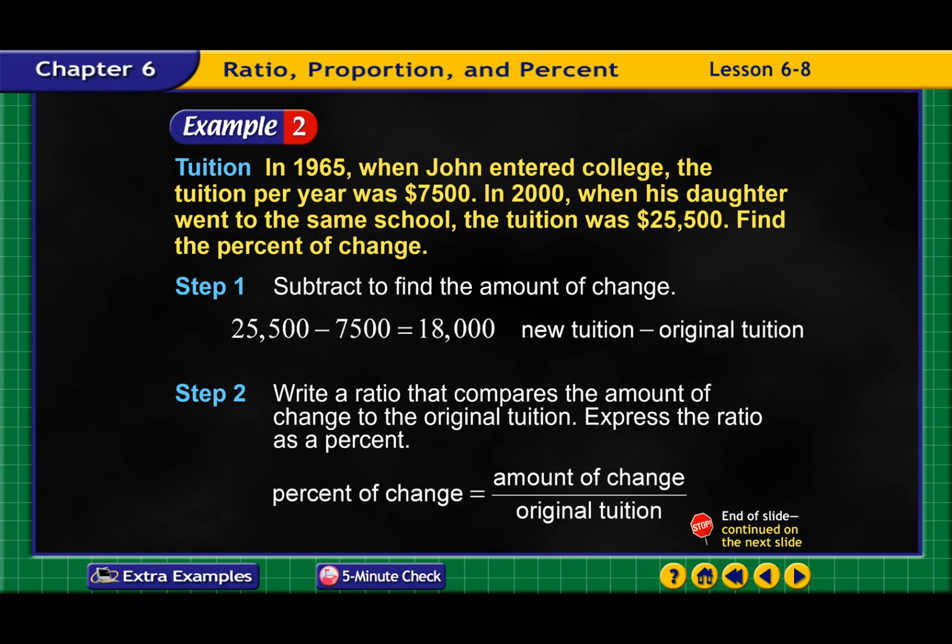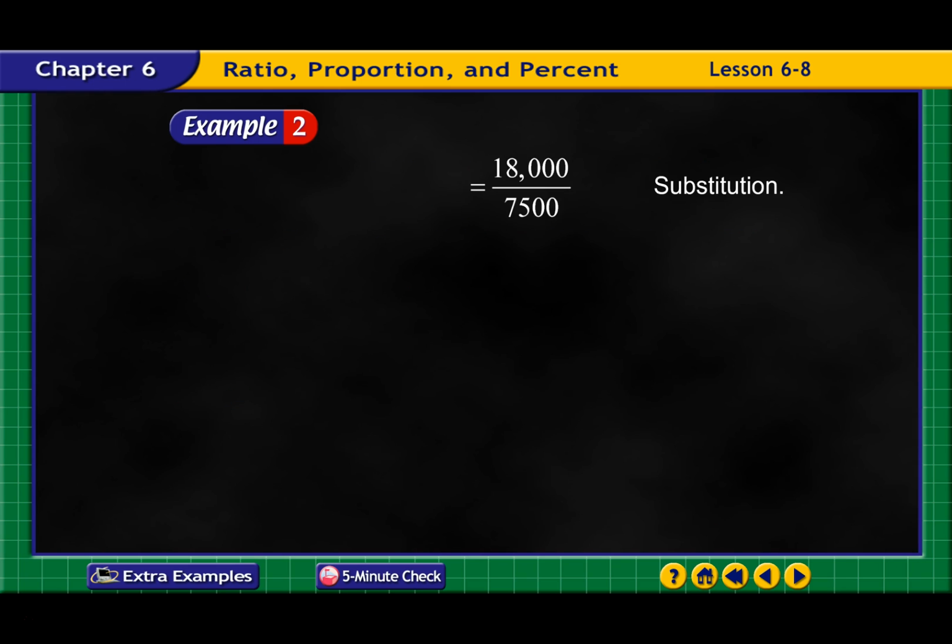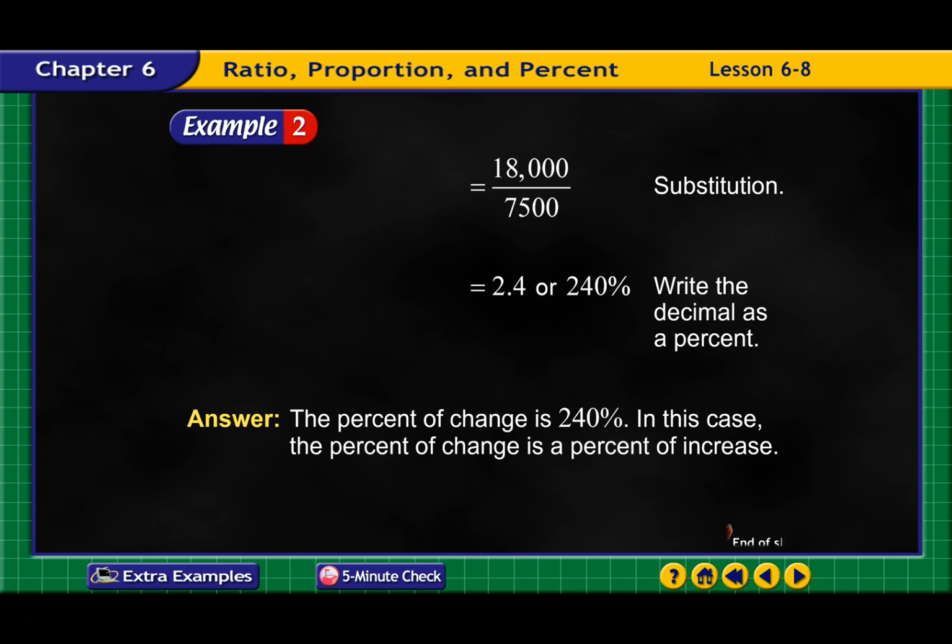We put that in a ratio over the original and express it as a percent. So it'd be 18,000 difference over 7,500. We divide those together, it would be 2.4 or 240%. Big change. So the percent of change is 240%. In this case, the percent of change is an increase.